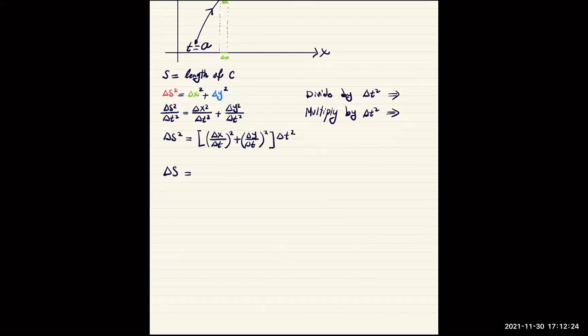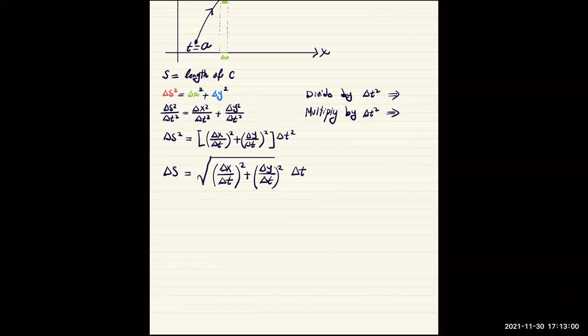So delta s here is equal to the square root of delta x over delta t squared plus delta y over delta t squared. And when you take the square root of this delta t squared, it's just going to give you the absolute value of delta t, but here these changes are positive, so we just get delta t.